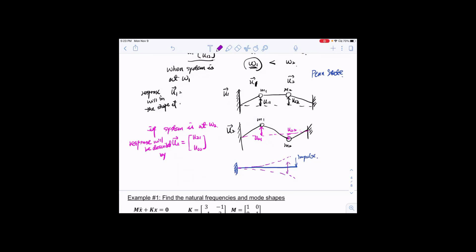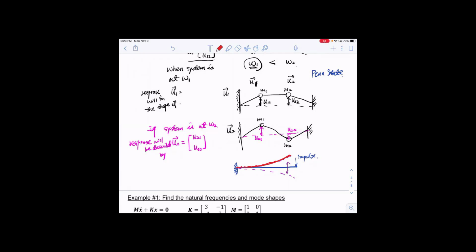And then, let me use the red color. The vibration is the first resonance of the cantilever beam, and the red line describes the mode shape of the first mode, which corresponds to the first natural frequency.